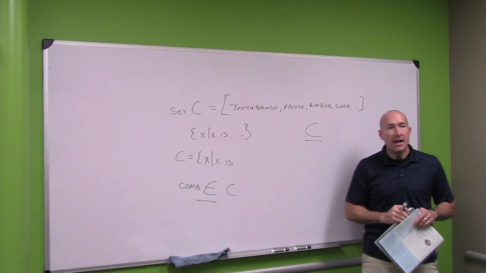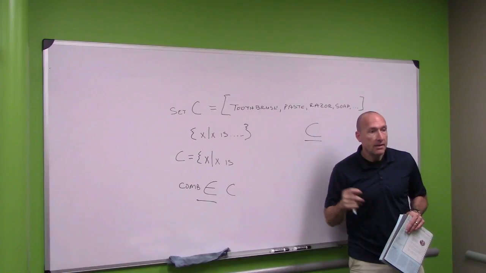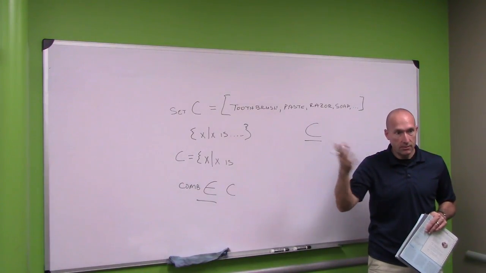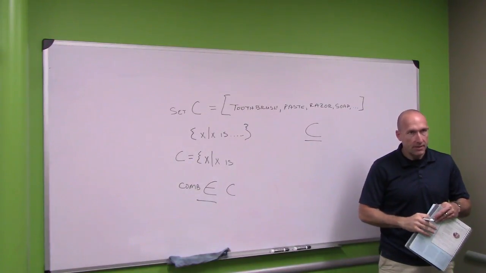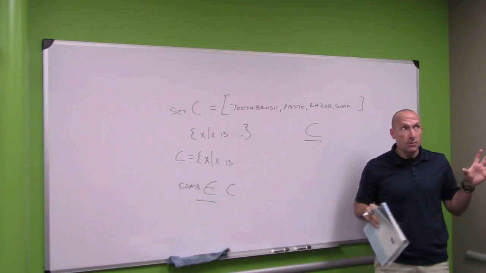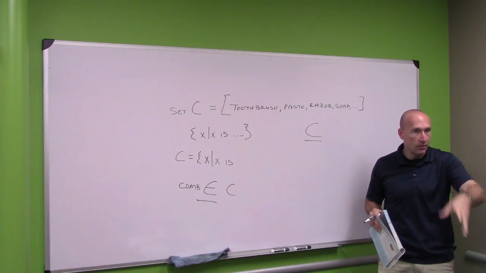Okay, so now what we're talking about, let's say the toothpaste, is a subset of the whole set. It's an element, but that set of objects, because it's not the same toothpaste as another. You can't just throw any toothpaste in this.